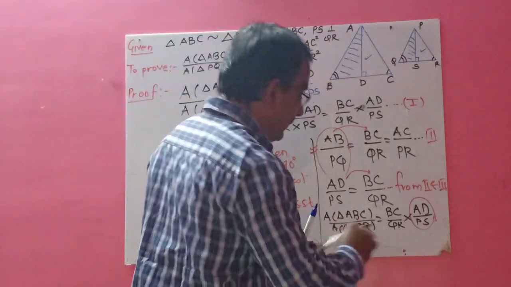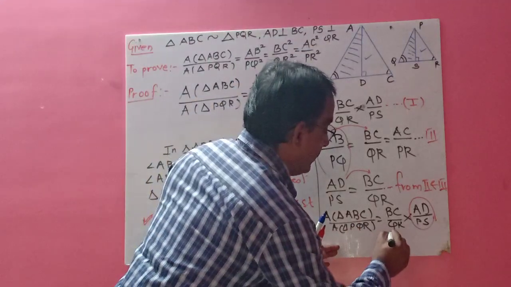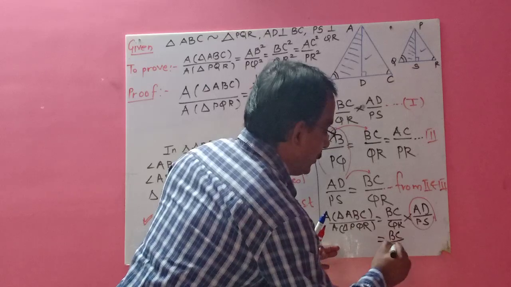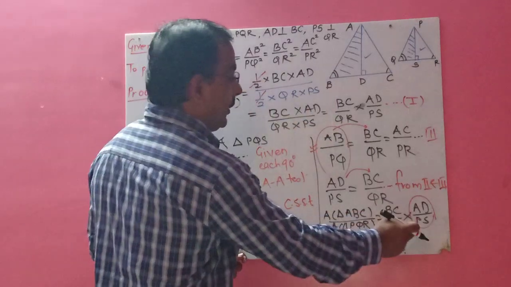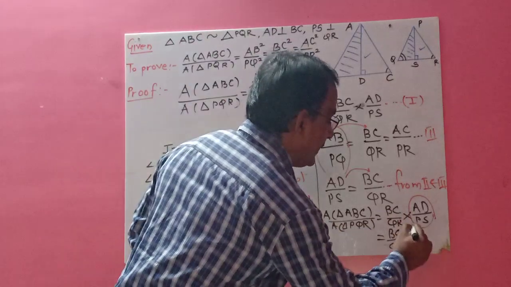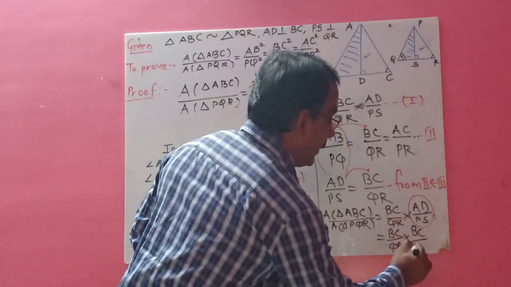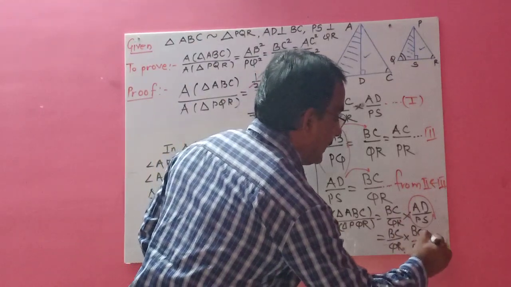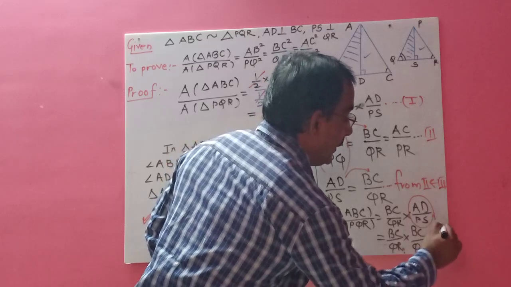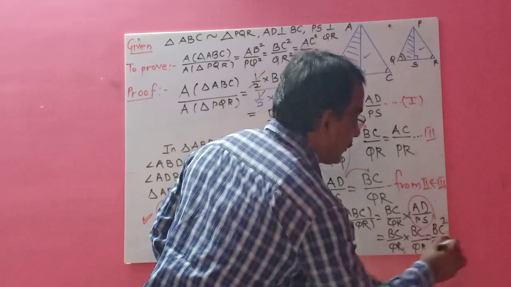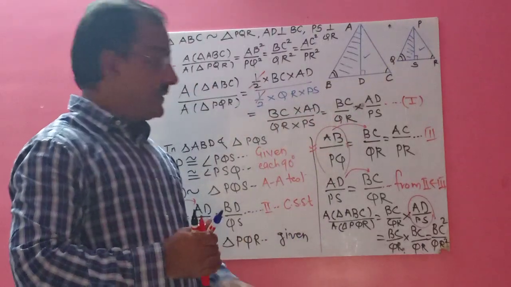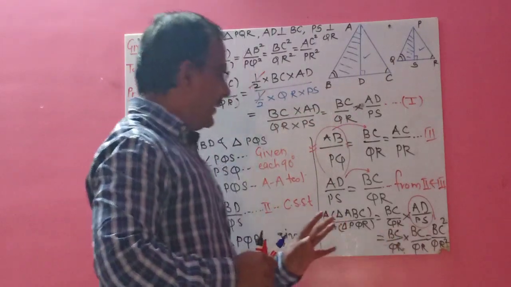Now I am going to replace this AD upon PS by BC upon QR. So this will be BC upon QR into BC upon QR, which is equal to BC square upon QR square. Okay.